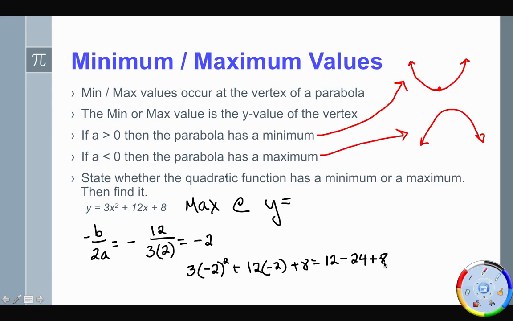And if I did 12 plus 8, that's 20. Minus 24 is a negative 4.